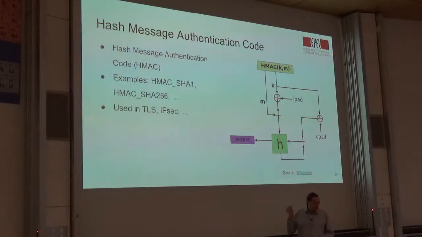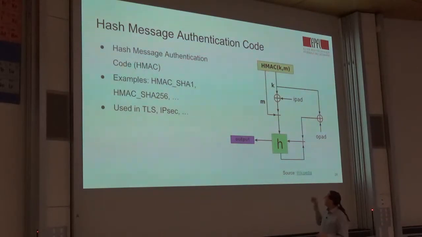One very common construction for this is called HMAC, and this is a generic way to take a hash function and produce a keyed message authenticator. And because it just takes an arbitrary hash function, you can use HMAC to create a keyed message authenticator from any hash function, such as SHA-1, SHA-256, and so on. So these are called HMAC SHA-256, for example, right?